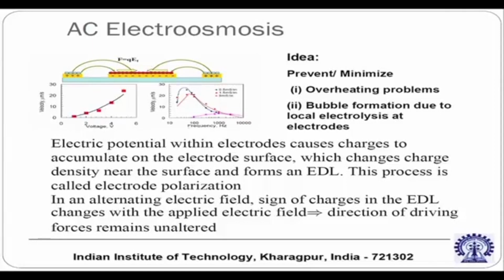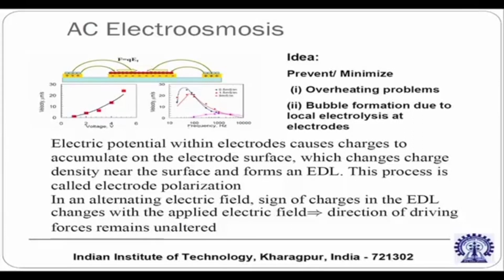Always keep one thing in mind: when we discussed the electrical double layer, we discussed spontaneous charging, but it is not necessary that you have a spontaneously formed electrical double layer. You can give an external bias to form a charged layer, and then if you have electrokinetic transport, that is called induced charge electrokinetics. That is, you induce an external charge instead of having a spontaneous charge on the surface.